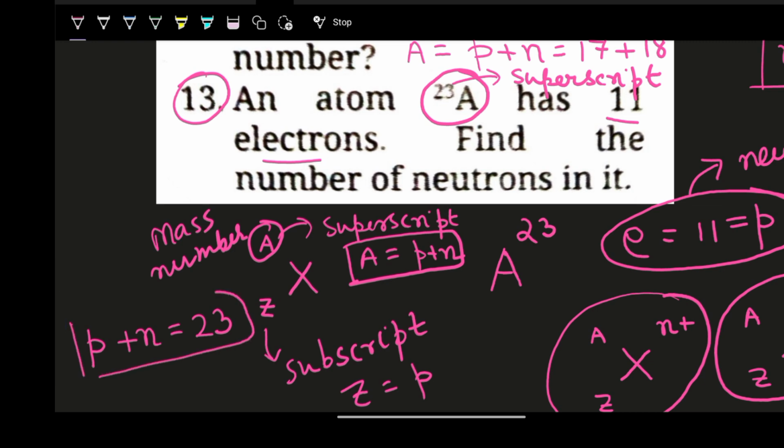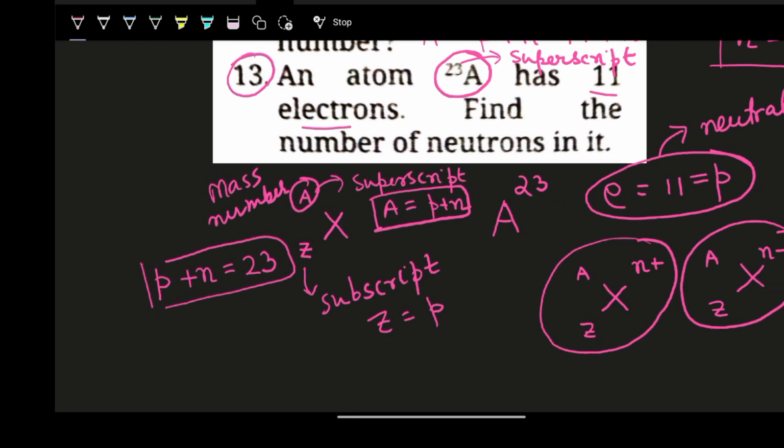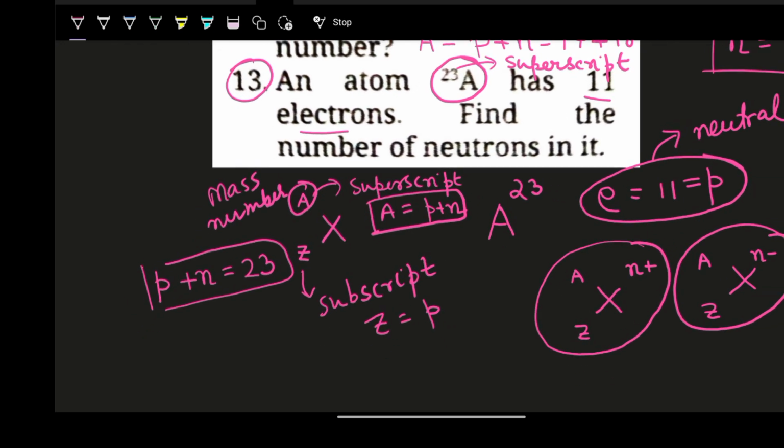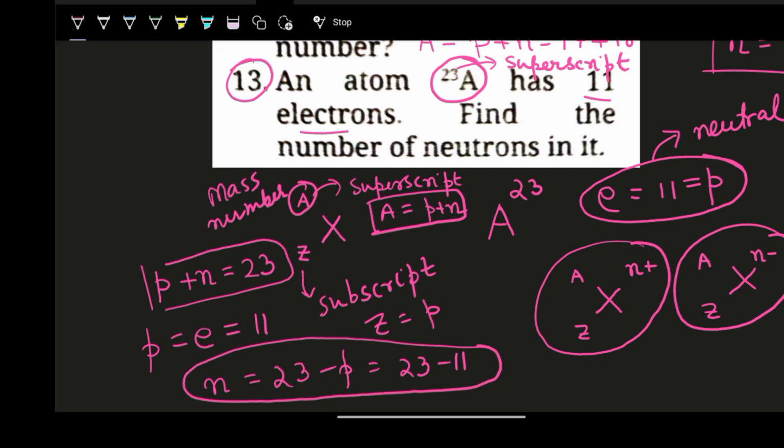So if I say the atom is electrically neutral, the number of electron and proton is same and it is equal to 11, then I will say P is equal to number of electron is equal to 11. Now number of neutron will be 23 minus P, which is equal to 23 minus 11. So this is how you are going to solve the last question.